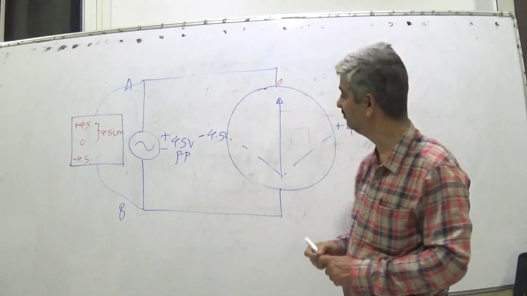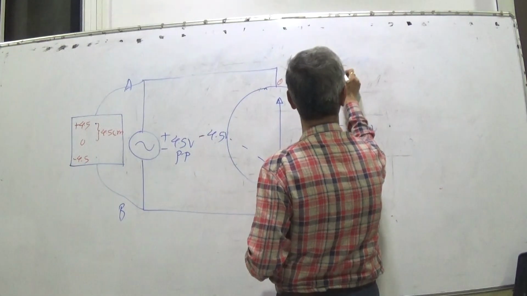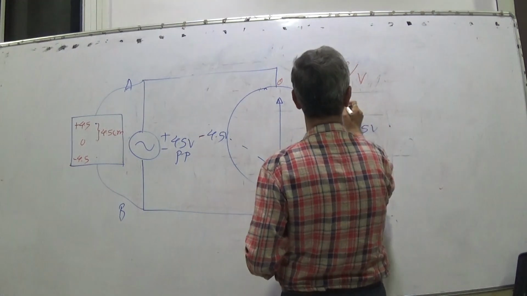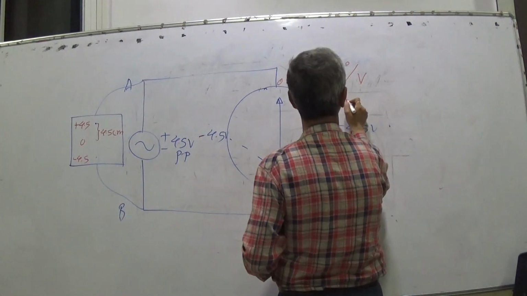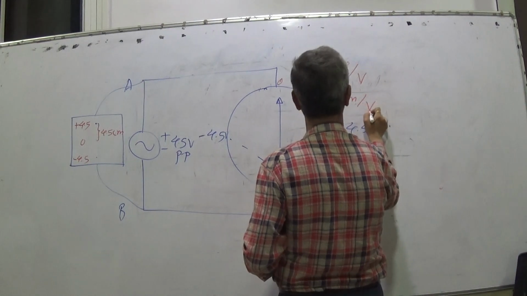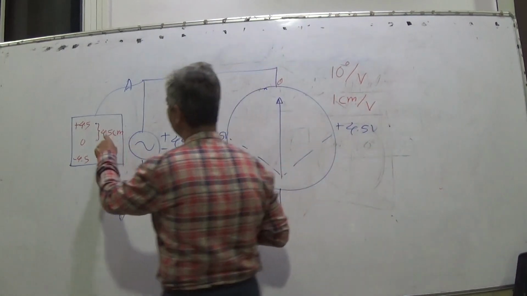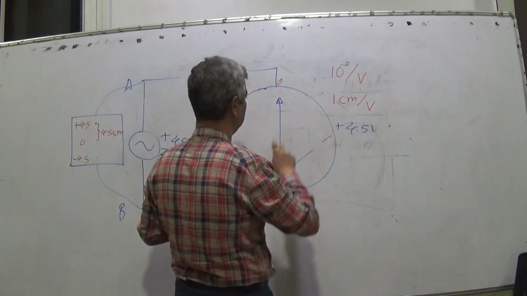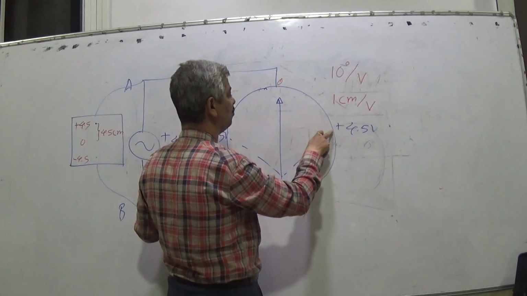So here the scale is 10 degrees per volt for this, and there 1 centimeter per volt. So 4.5 volts will lead to 4.5 centimeter displacement, and 4.5 volts will lead to 45 degrees of movement.